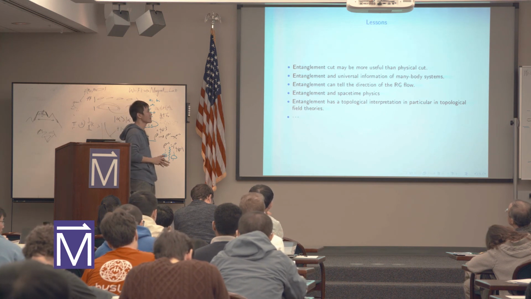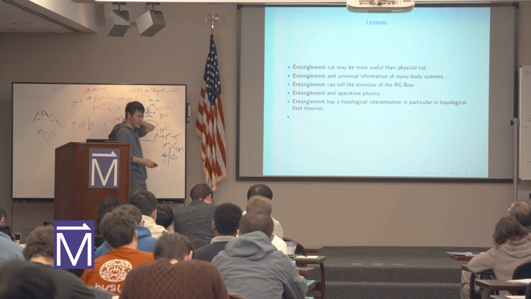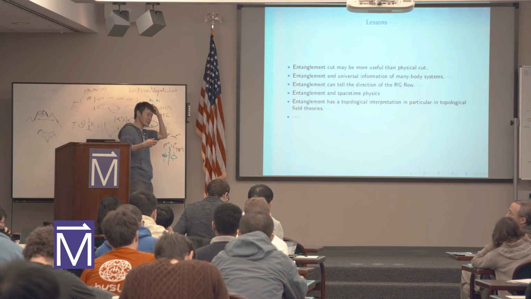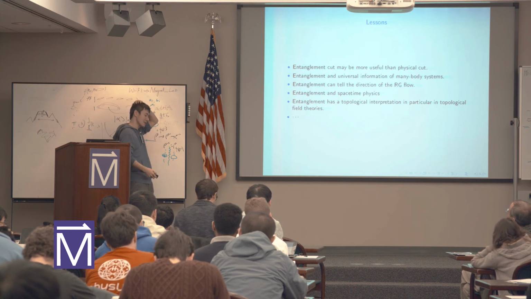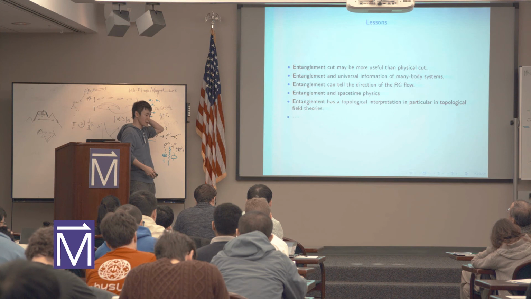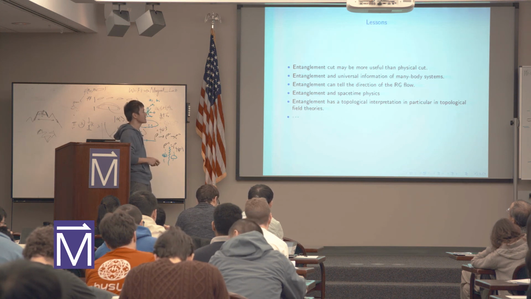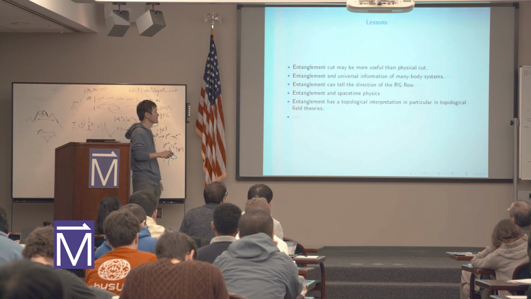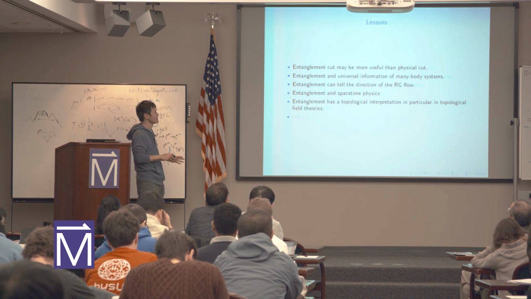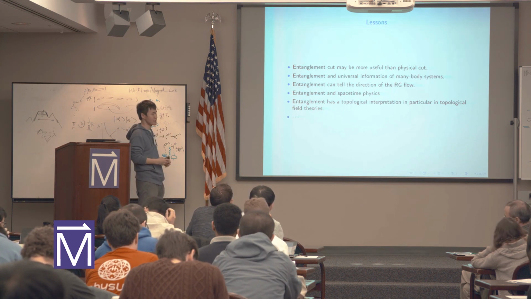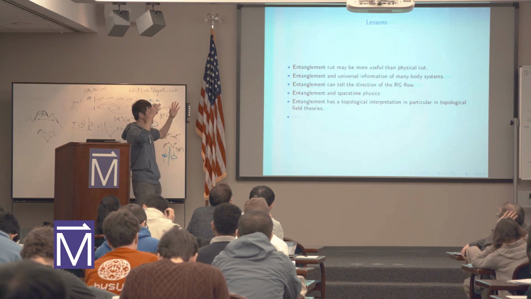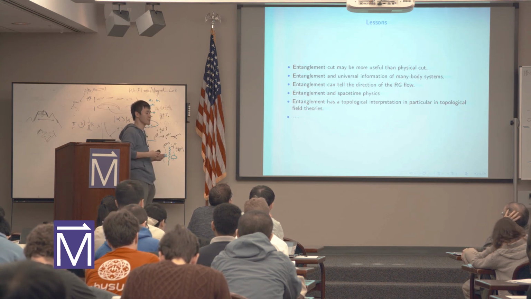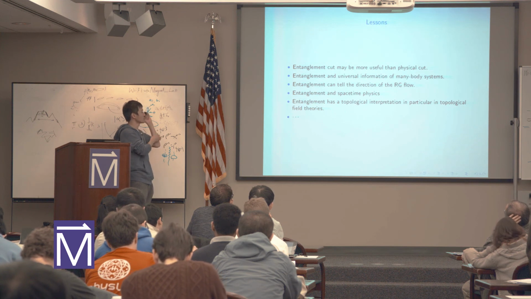But as we have seen, we pick up various universal information just by considering the entanglement entropy. So it's a promising idea. Also, it can say something about the structure of the theory space of the phase diagram, since it tells us about the direction of the renormalization group flow.